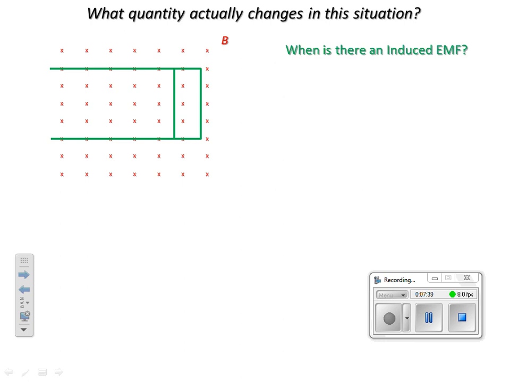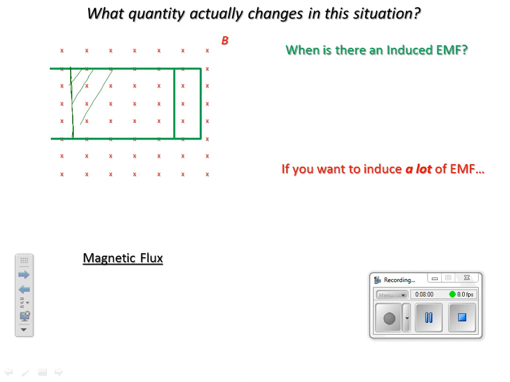Well, when's there any induced EMF? Here's what we really want to talk about. What quantity actually changes? If we go back to the beginning, when the wire was here, we had lots of magnetic field poking through an enclosed area, right? So we had this as our enclosed area.